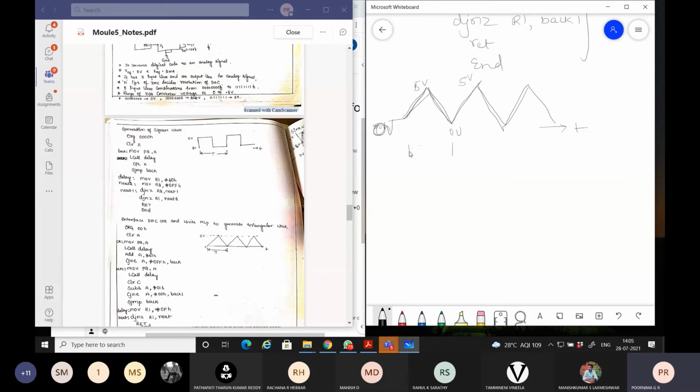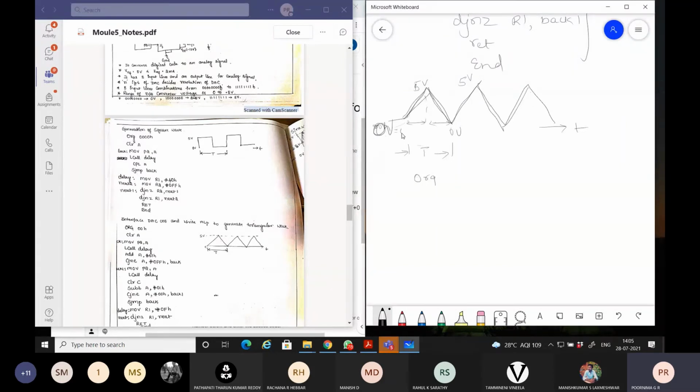Every wave will have the on period and off period. So this is on and this will be off. Combined together it is T. Now such a wave when we have to generate, how do you write a program for this? Instead of sending only two values, continuously send from 0 to FF.